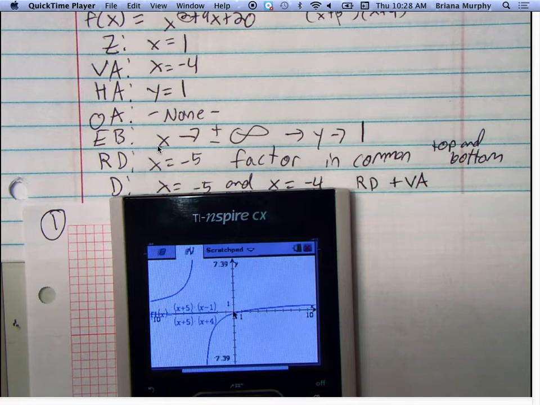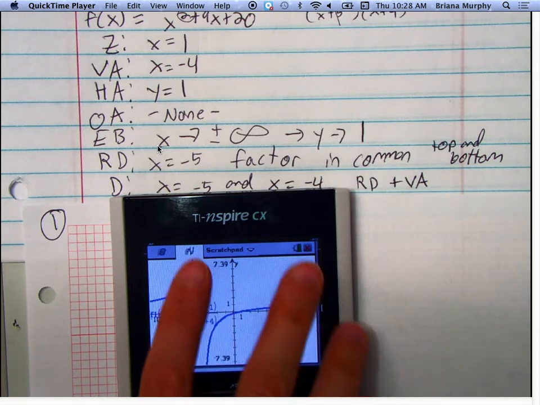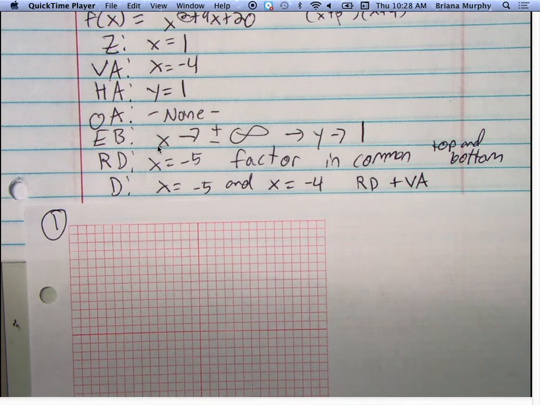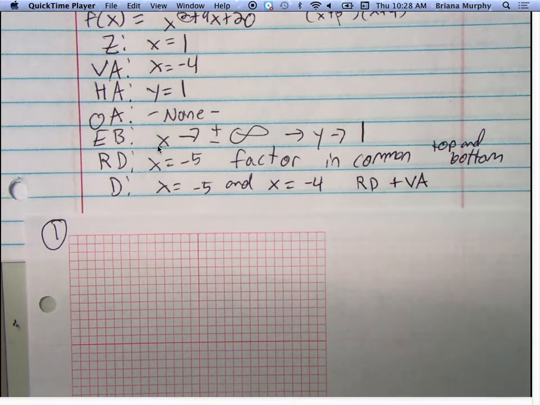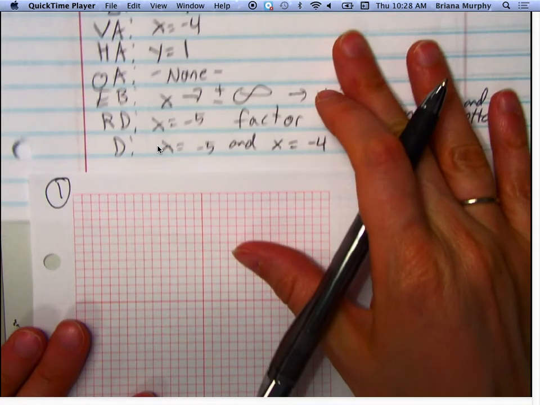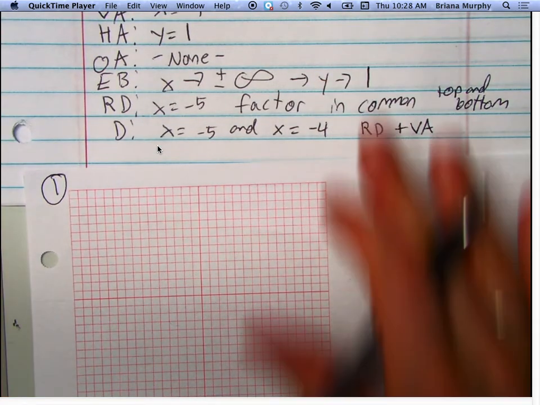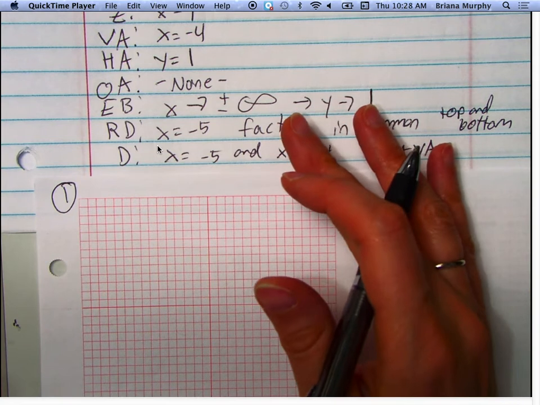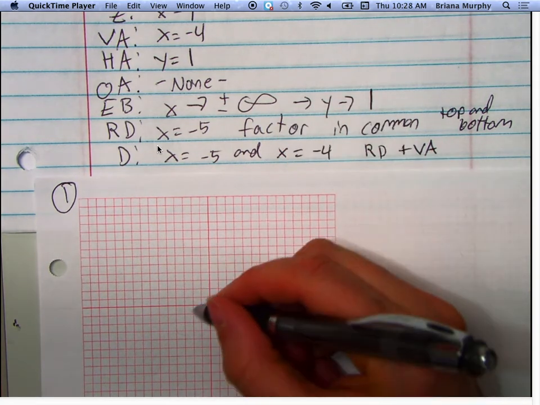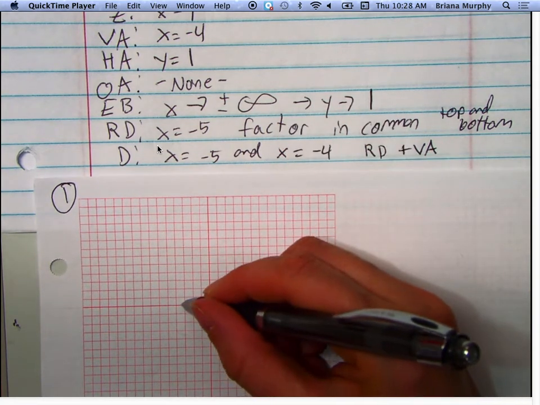Okay, so you're going to get a crazy graph like this, right? And I'm going to teach you how we're going to graph this. First thing I want to do is I want to put in my asymptotes. I'm going to put those in with a dotted line. They're invisible. So I'm going to start with my vertical one. It's x equals negative 4. So I go over 1, 2, 3, 4.